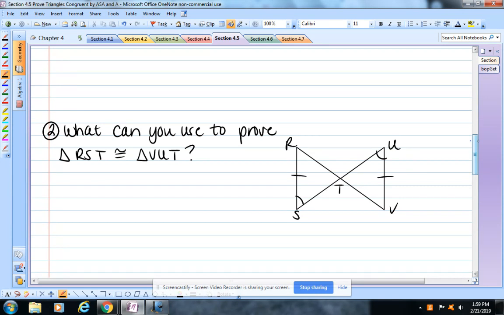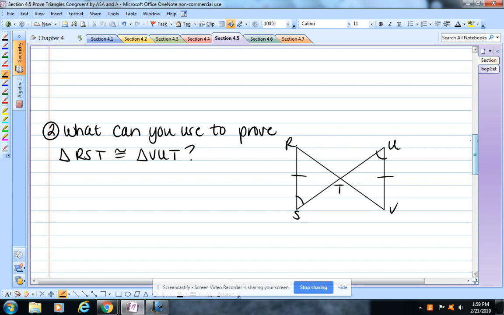What would you use to prove that these triangles are congruent? Now, there's some things marked on the picture, right? It says that angle S is congruent to which angle? Angle U. And it says that segment RS is congruent to which segment over here?